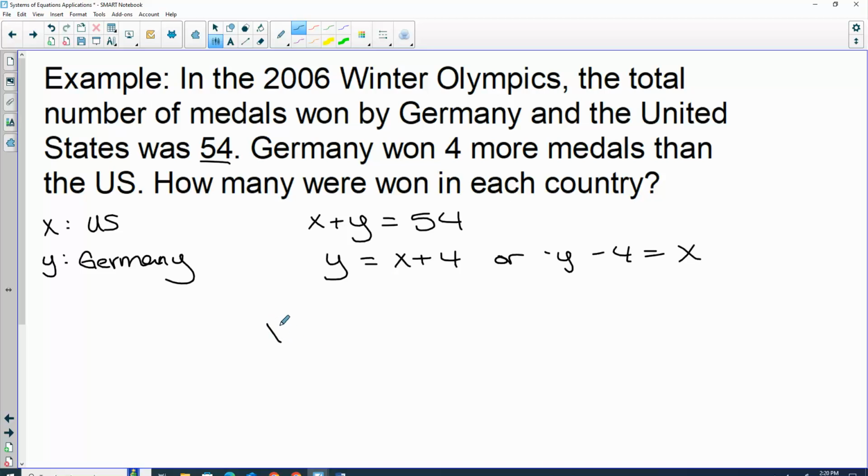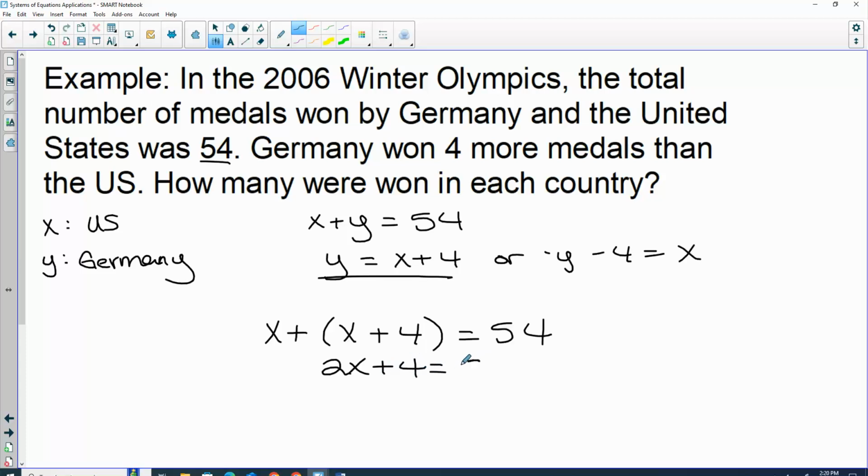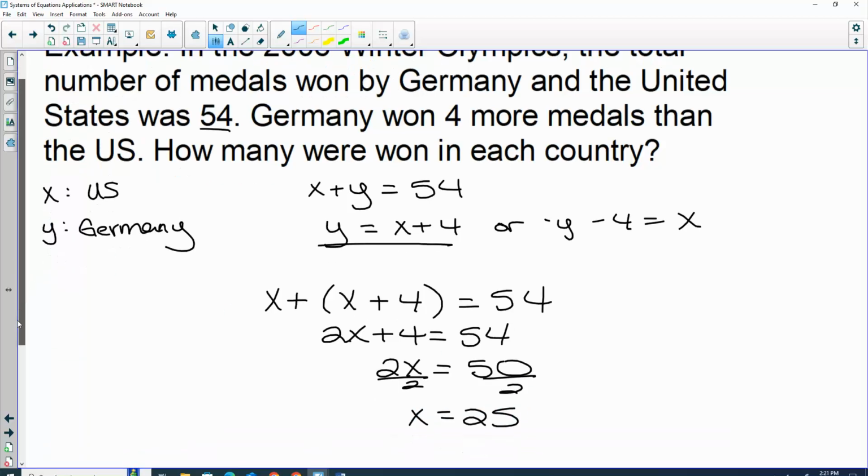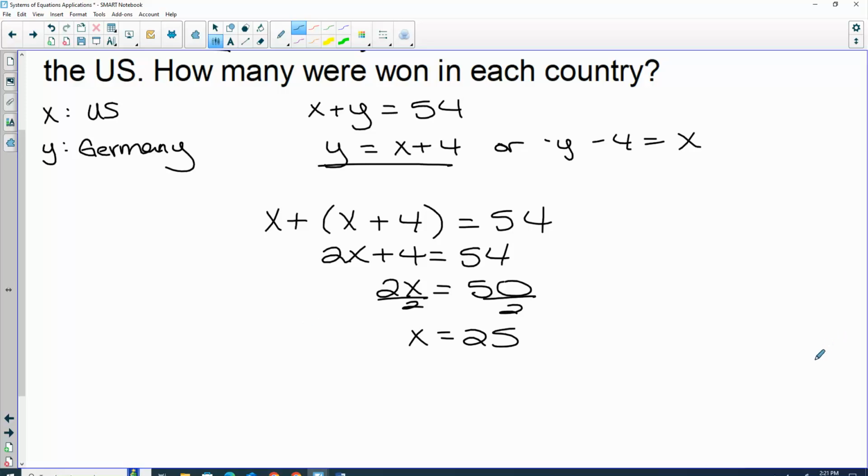So I have x plus, if I wrote it the first way, y is x plus 4. x plus x plus 4 equals 54. Means 2x equals 50. And x is 25.